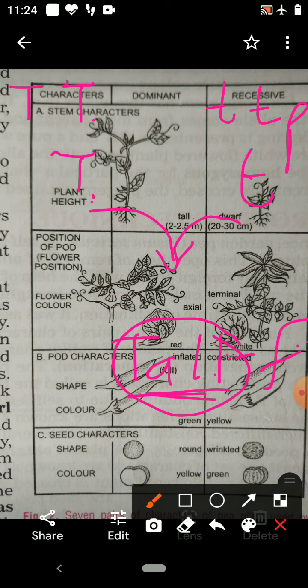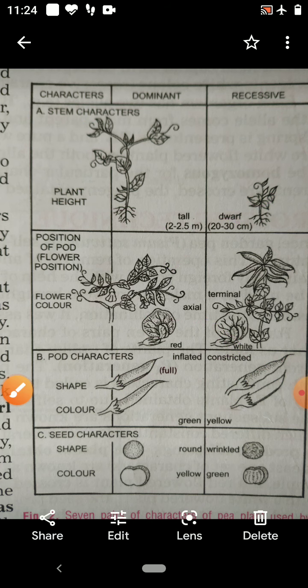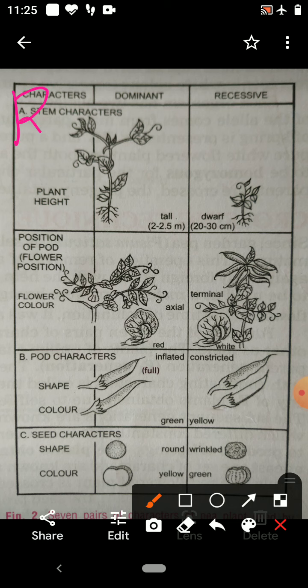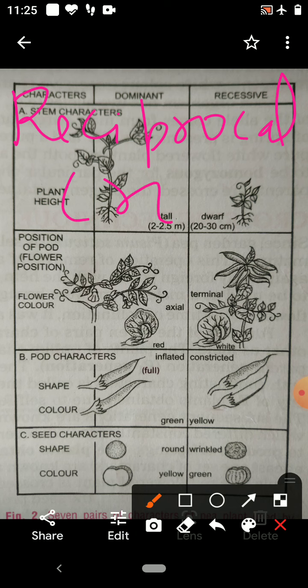But some said the male character is dominant, therefore he conducted a reciprocal cross. So children, you have to know what a reciprocal cross is. See, in the normal cross, tall plants are male plants and dwarf plants are female plants.